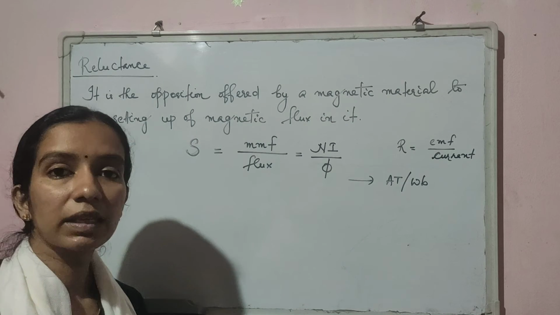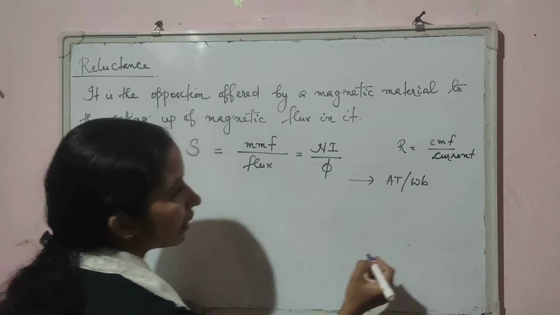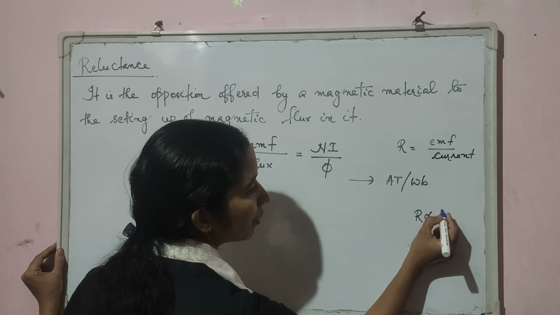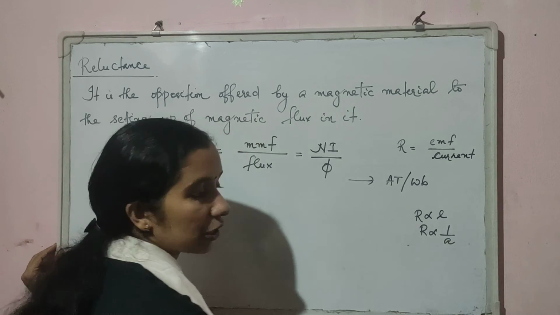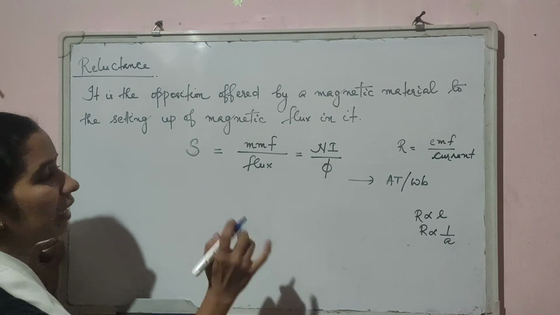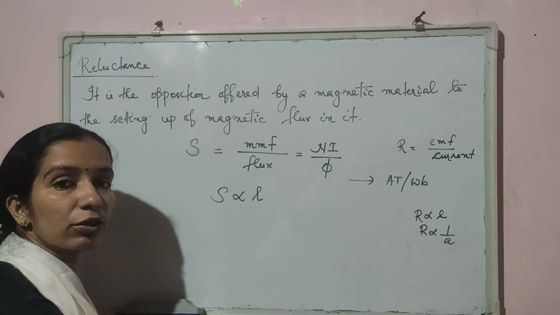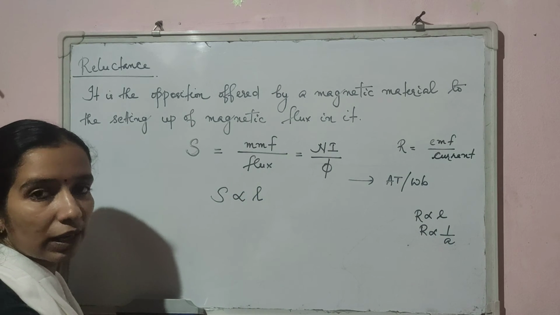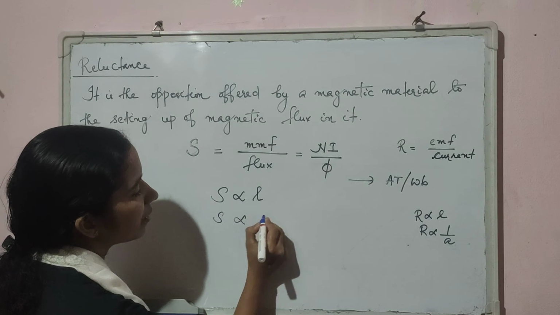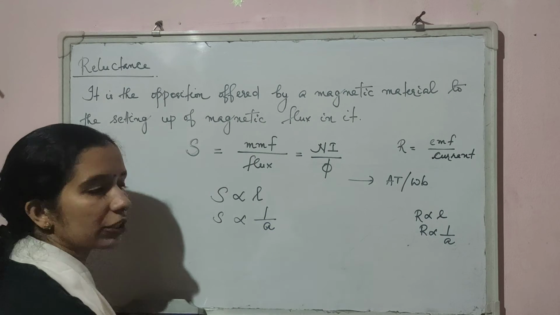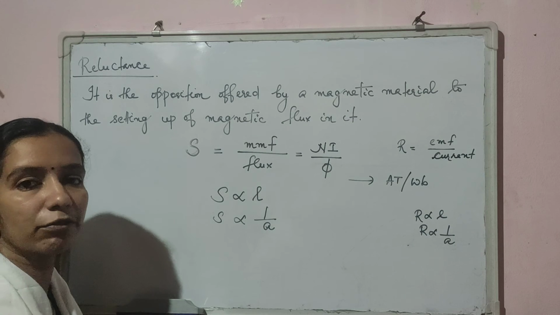Now, another equation is also there for reluctance. So we know that resistance is directly proportional to length and inversely proportional to area of cross section of the conductor. Similarly, the reluctance S is directly proportional to the length of the flux path, length of the magnetic material, and inversely proportional to the area of cross section of the path through which the flux is flowing.